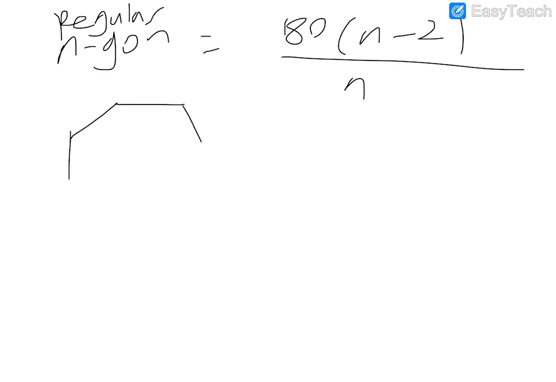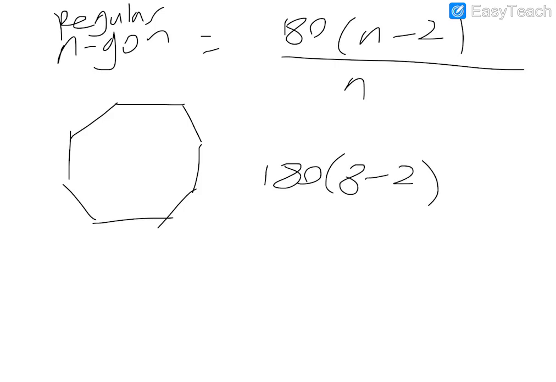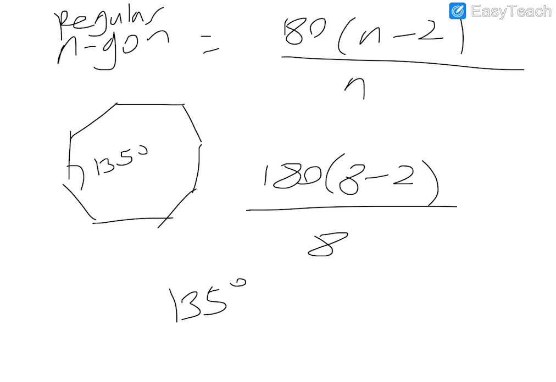So for example, an octagon has 8 sides, so 180 times 8 minus 2 divided by 8 is equal to 135 degrees. So if this is a regular octagon, which means all angles are the same, this angle here will be 135 degrees.